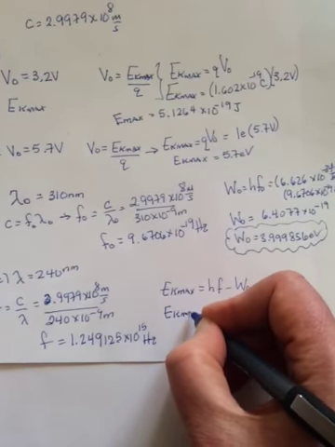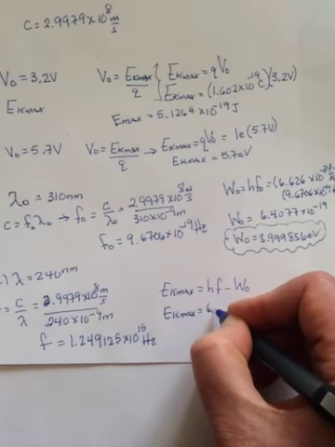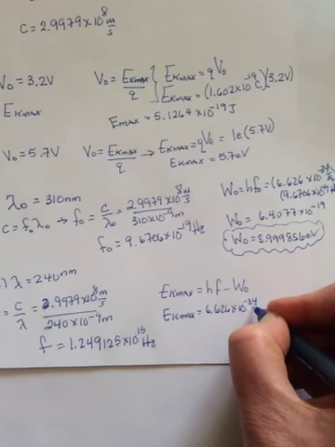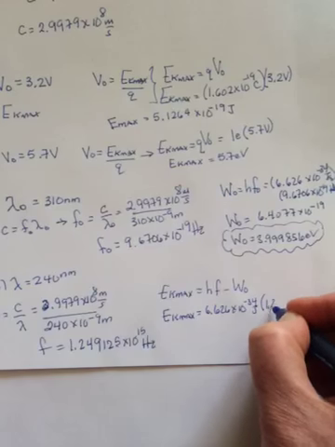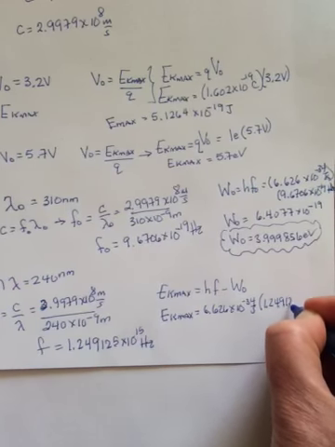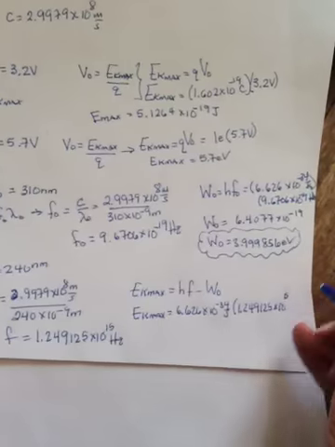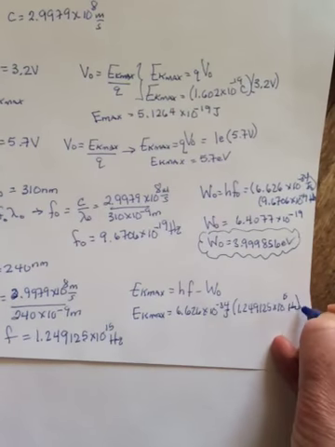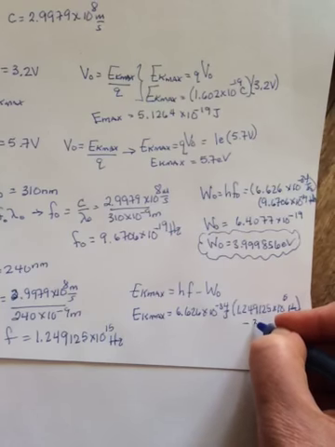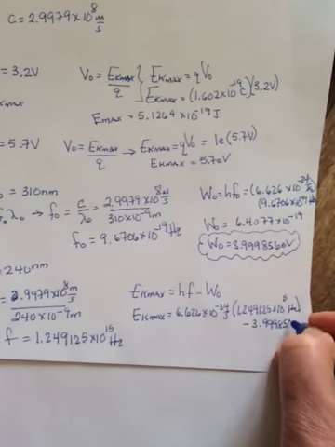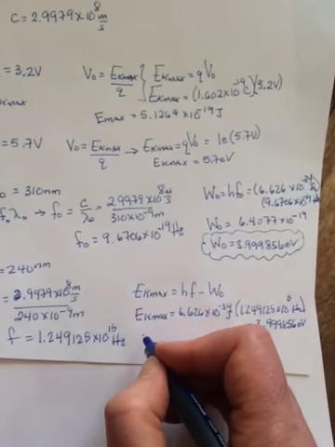So EK max is equal to 6.626 to the negative 34 joules seconds times that 1.249125 to the 15th hertz. And then we're going to subtract the 3.999856 electron volts from it eventually.